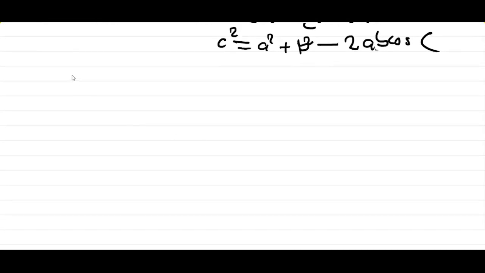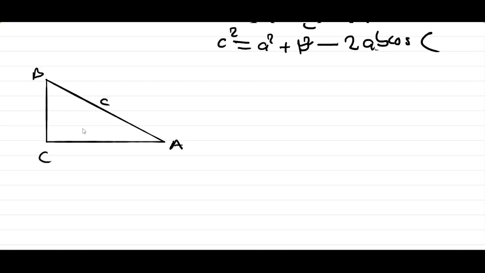Remember the Pythagoras theorem, which says that if you have a right angle triangle and this side is A, this is B, and this is C, then C squared is A squared plus B squared, which is only true when this angle here is 90 degrees.